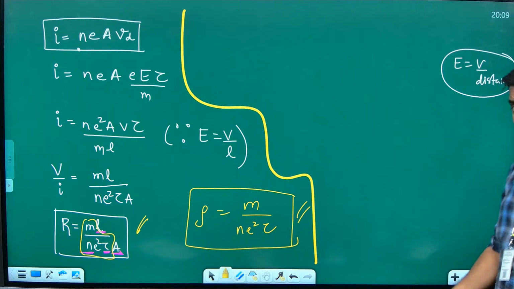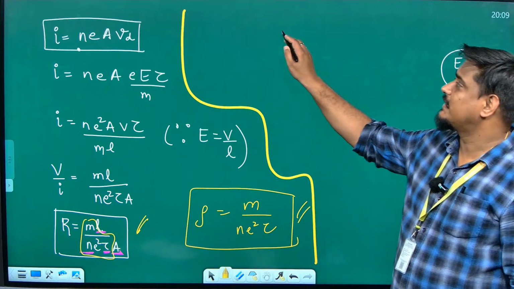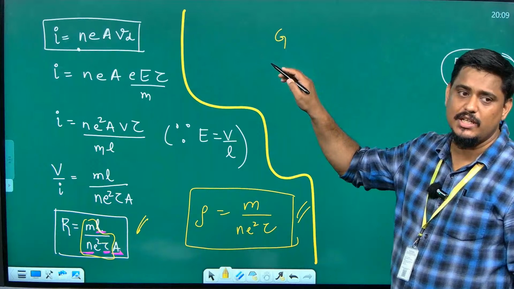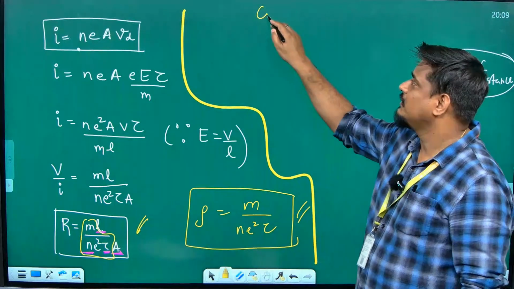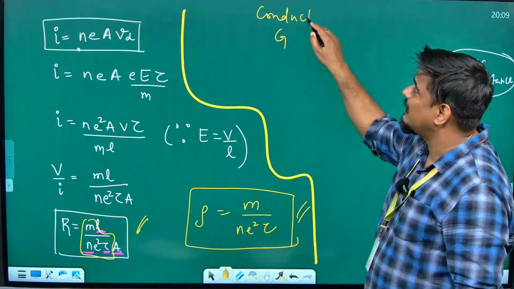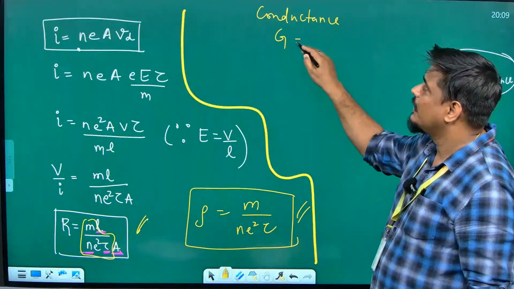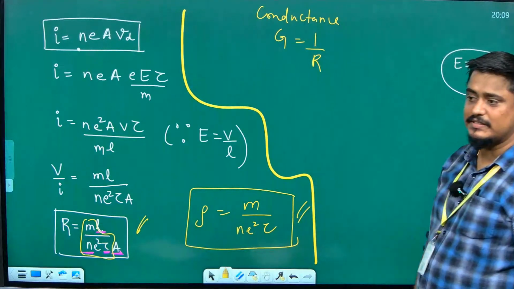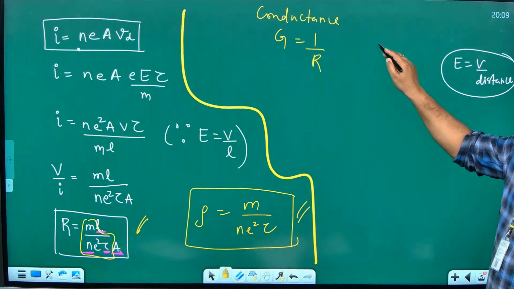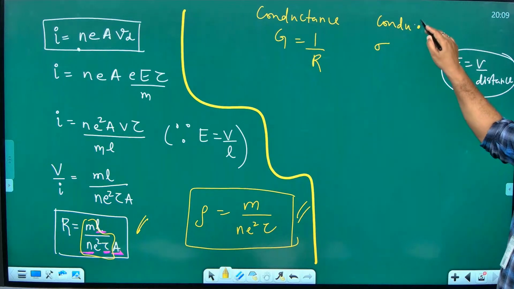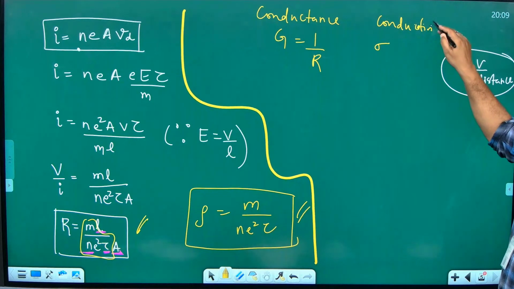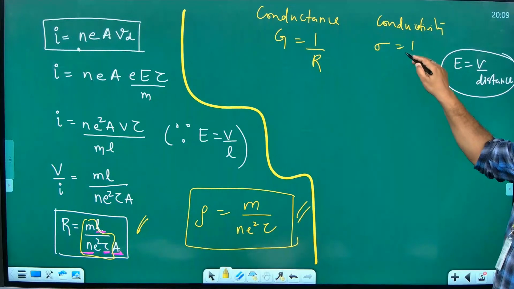And you should also know that there is something called G. You know what is G? Conductance. It is called conductance, which is actually the reciprocal of resistance. And there is something called sigma, conductivity, which is the opposite of what? Resistivity.